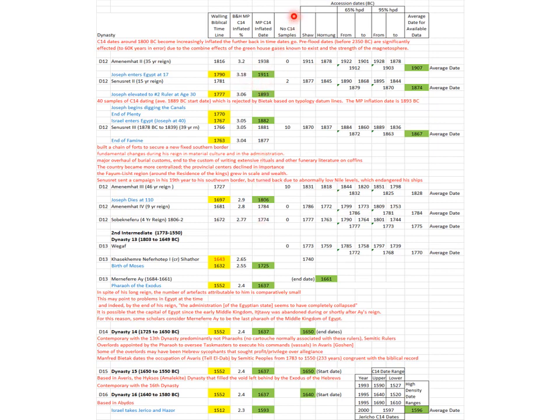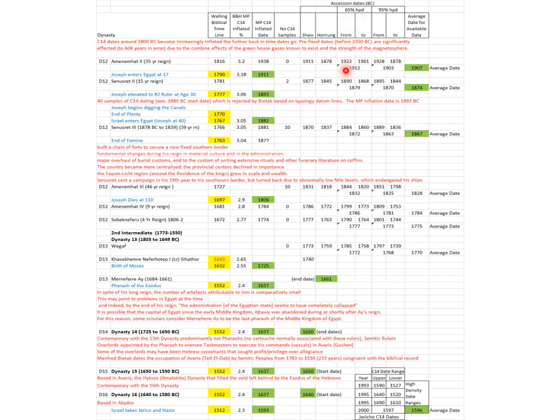Okay, and then we added also another row to all of the given pharaohs, and we averaged those 65% HPD and 95% HPD dates to get our average. So here, this range here, for instance, is a 65% HPD.